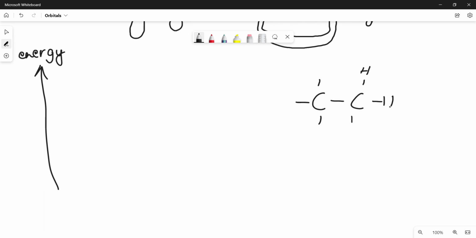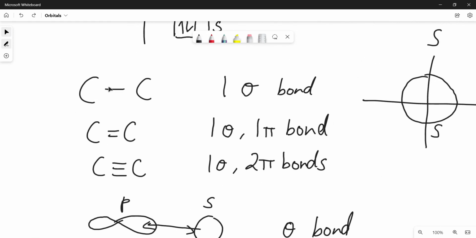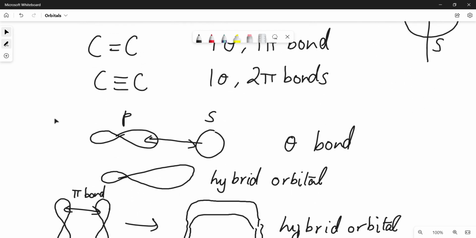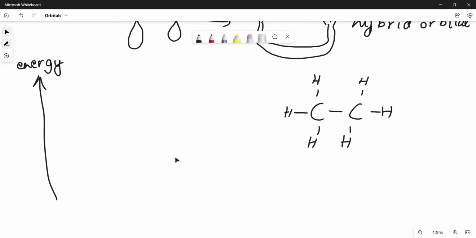Let me just quickly write those. Okay, so the C, you can see, has 4 single bonds, and 4 single bonds means 4 sigma bonds. If you remember from up here, a single bond equals 1 sigma bond. Kind of a tongue twister there.